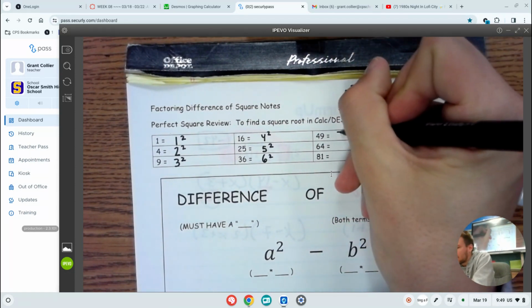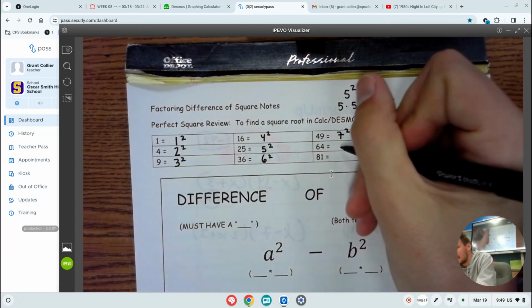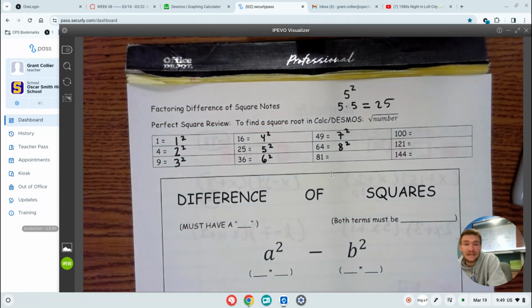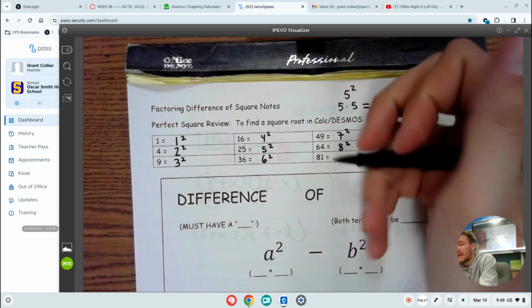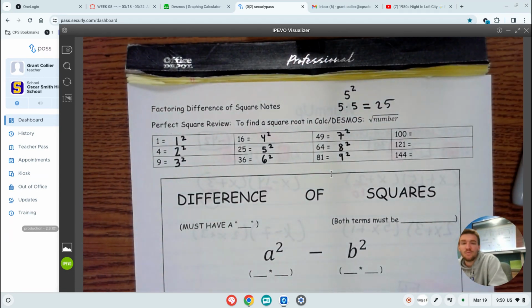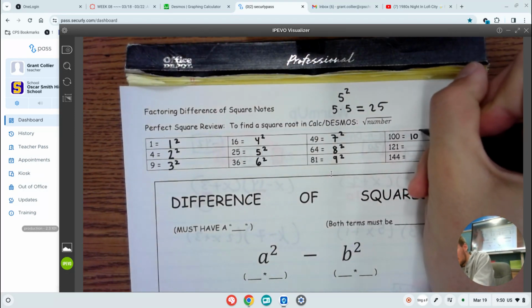Sounds like a weird number. That one was always easy for me to remember because it's just such a weird number. 64 is 8 times 8. And 81 is 9 times 9. And 100 is 10 times 10.